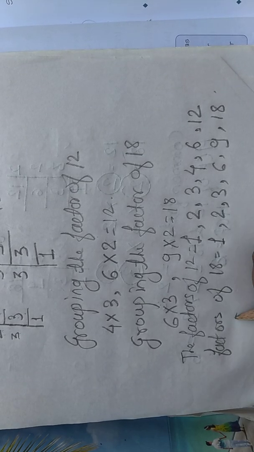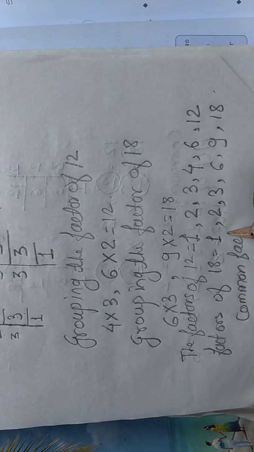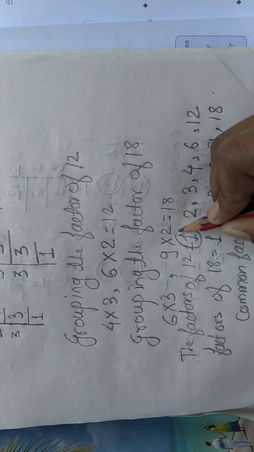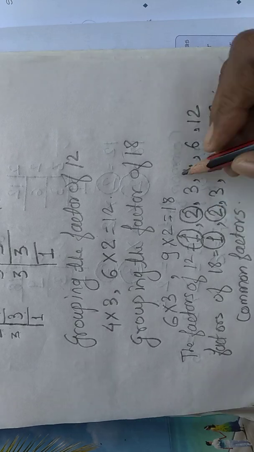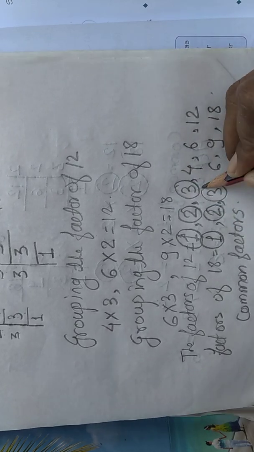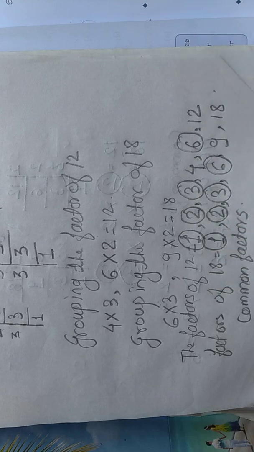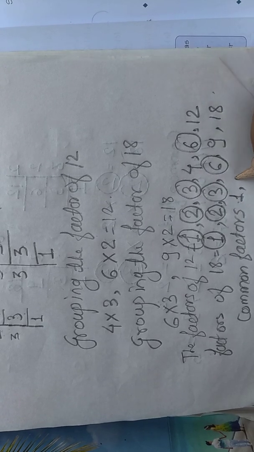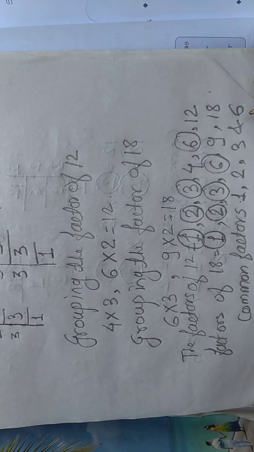Now we find the common factors. Circle out the common factors. The first common factor is 1, the second is 2, then 3, then 6, and there are no other common factors here. So write the common factors 1, 2, 3 and 6.